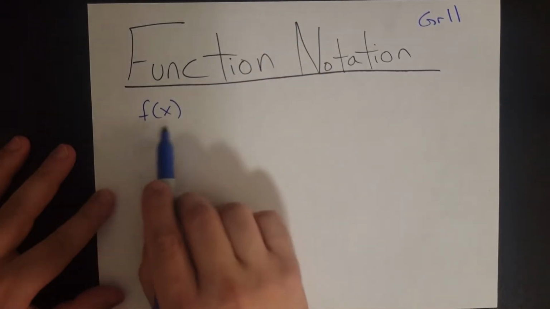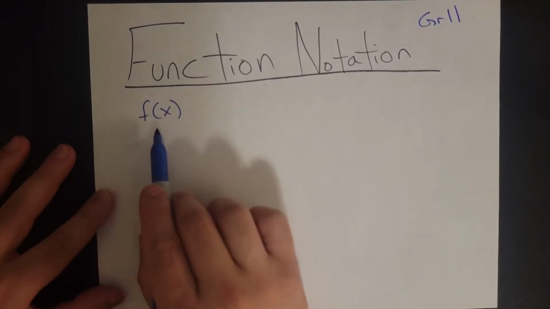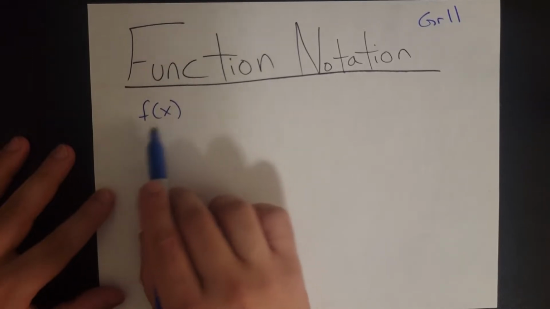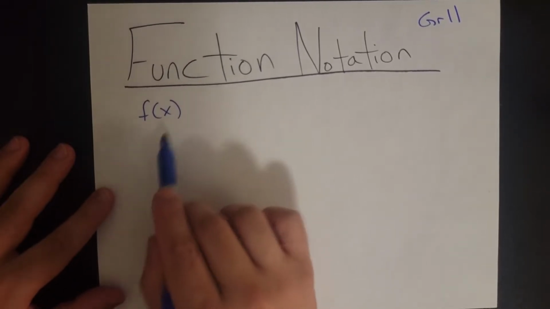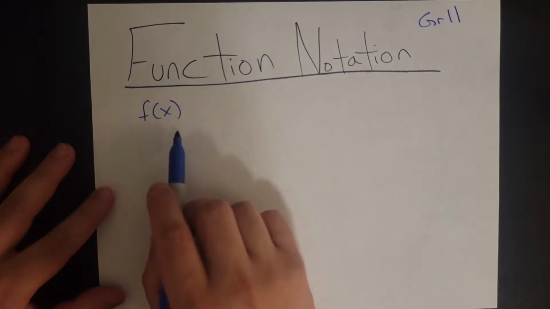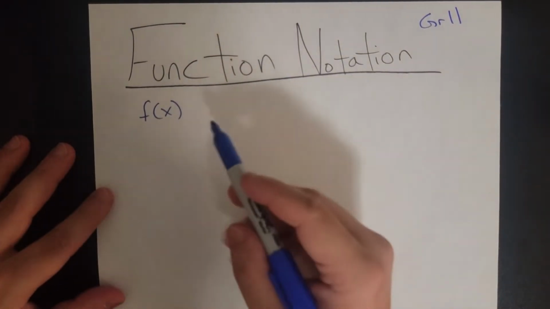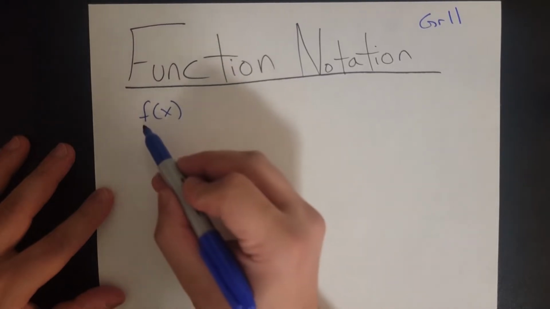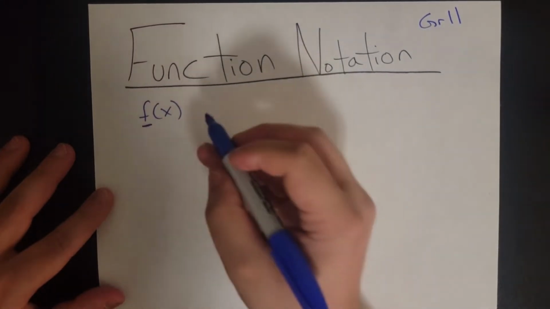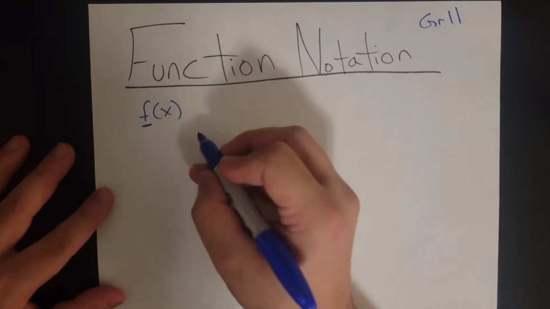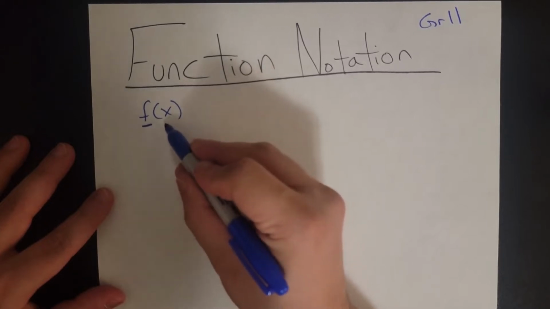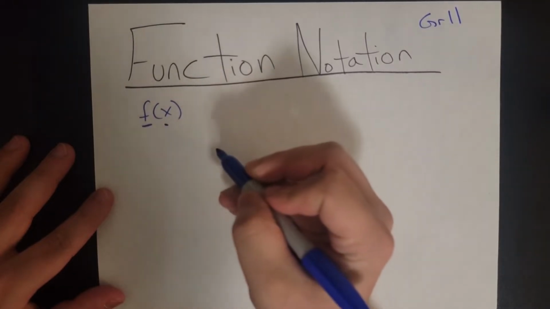When we have something like this, we can represent a function in terms of f of x, where f of x is going to be used to represent the value of the dependent variable, which is f, for any given independent variable, which is x.